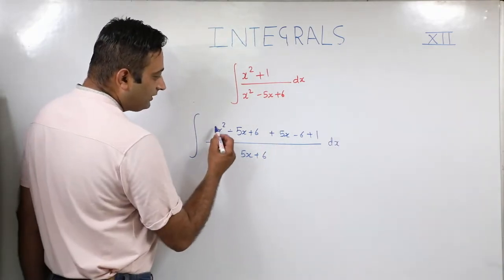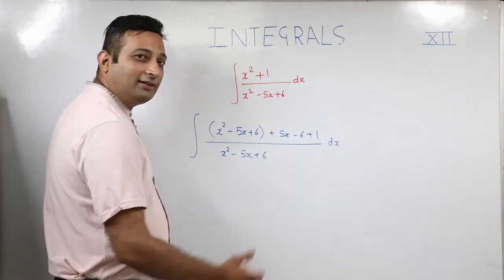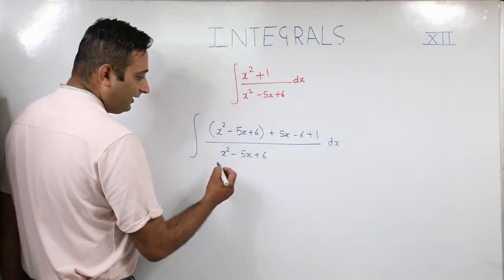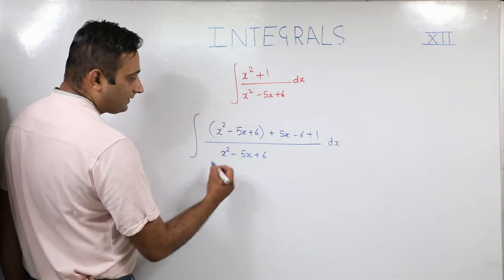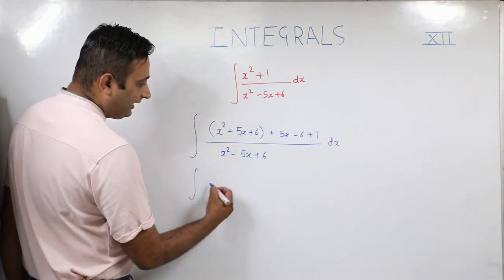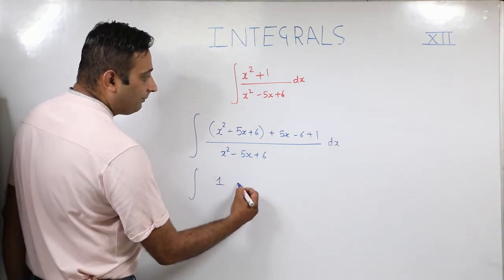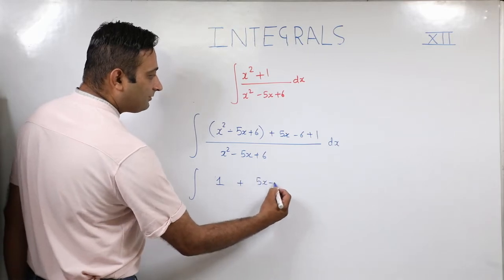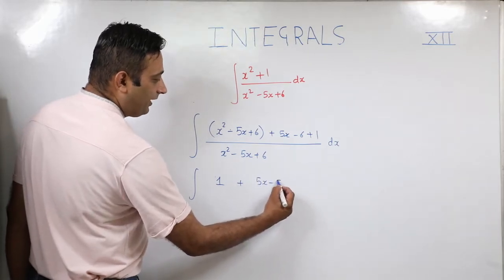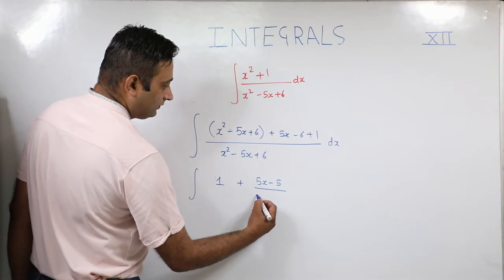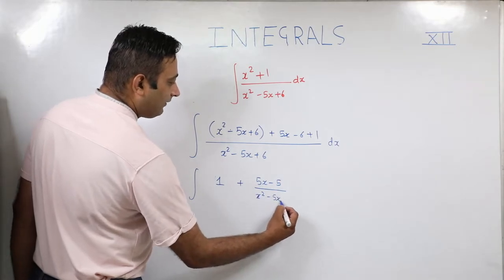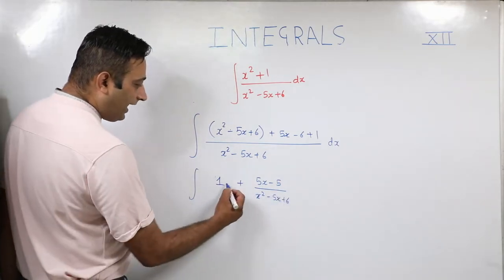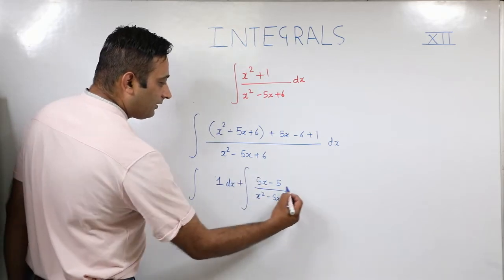Now, we will be able to find the quotient and the remainder in this way in a very easy manner. So, what we will get is 1 plus 5x minus 5 upon x square minus 5x plus 6. Now, we will have 2 parts here.